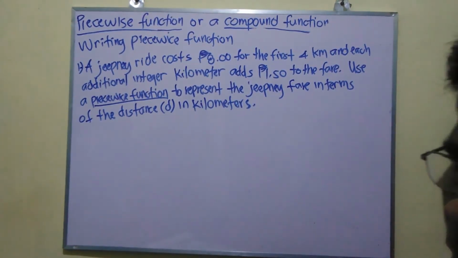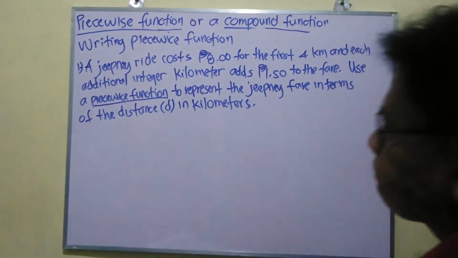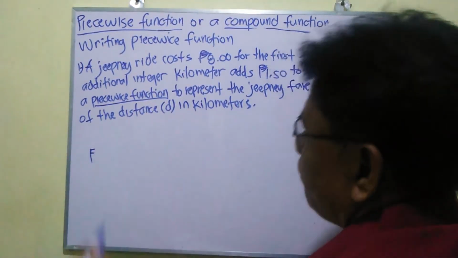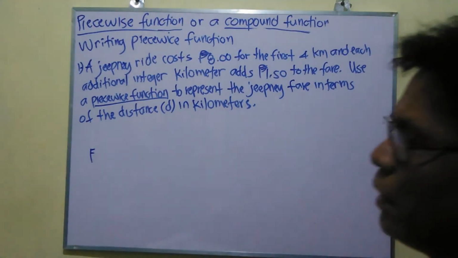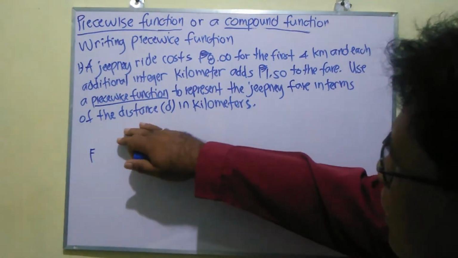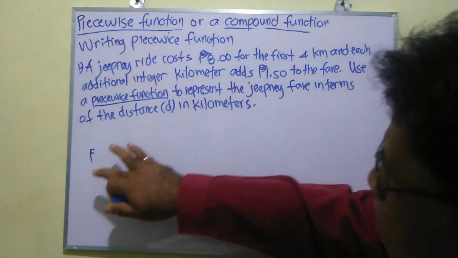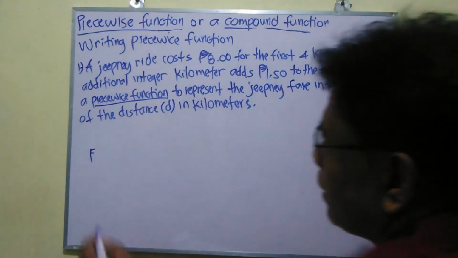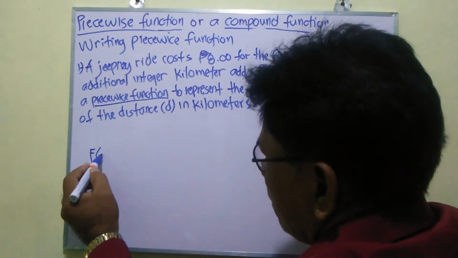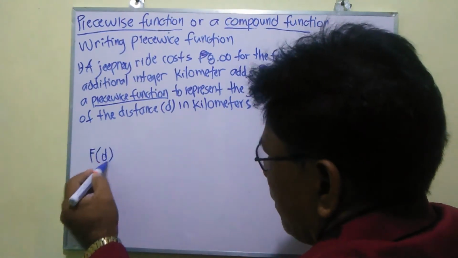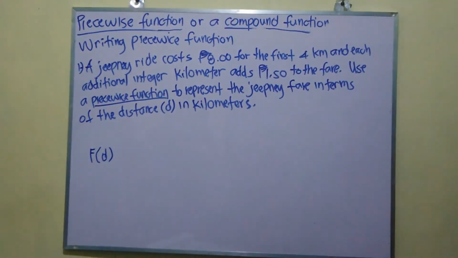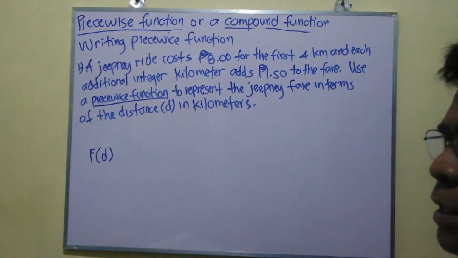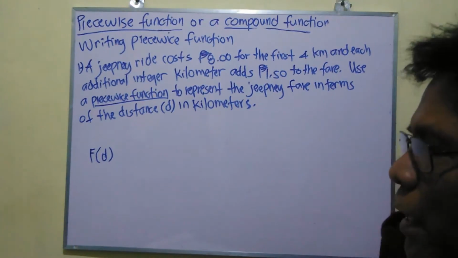Okay, so let us denote the fare as function f. Then since the basis of the fare is the distance in kilometers, let us put d, meaning f of d, meaning the fare for every distance traveled by the jeepney.